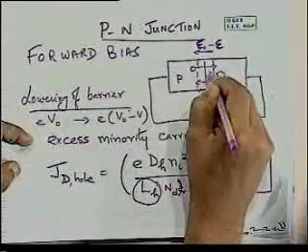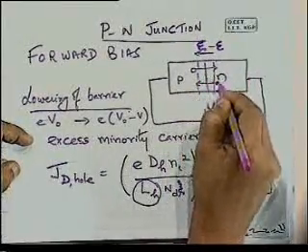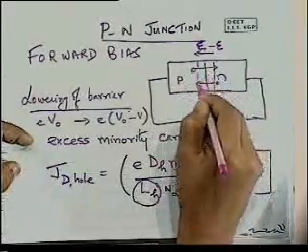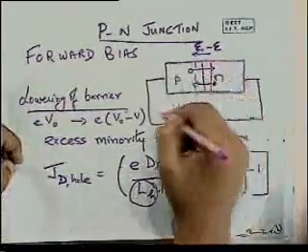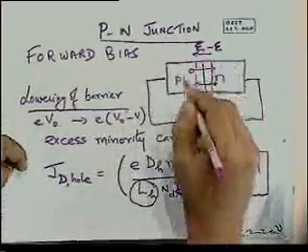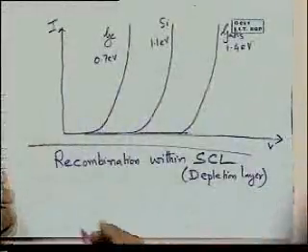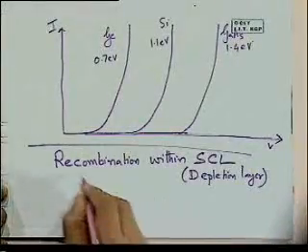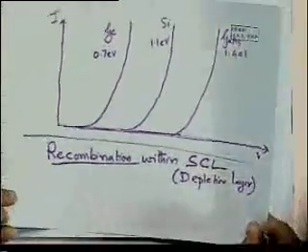But there is also some recombination occurring within here. The electron that is injected in here and the hole that is injected in there, some of them will recombine. And it's the same source that is going to replenish these also. So we have to account for the recombination current, which is going to be different from the diffusional current across the space charge layer. And so we have to include an additional term for the total current to include this recombination.